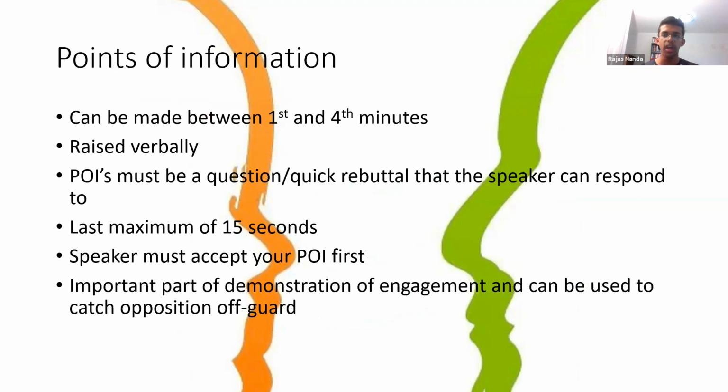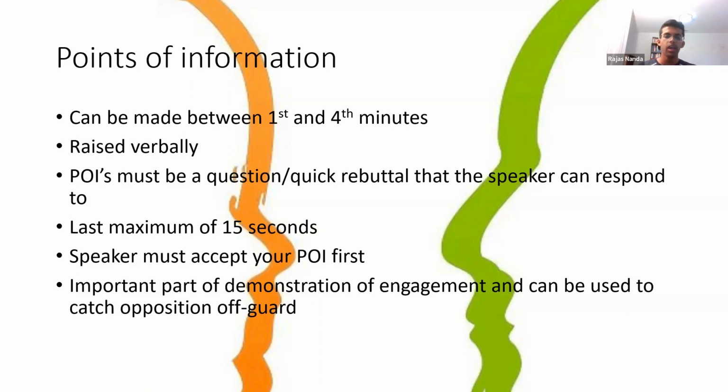What a point of information is, basically, you interrupt someone in the middle of their speech and ask a question. And the way in which you interrupt is you just say POI, then the person who's speaking either says, yes, go on, or they say, not right now, sorry, something along those lines, accepting or rejecting your question.